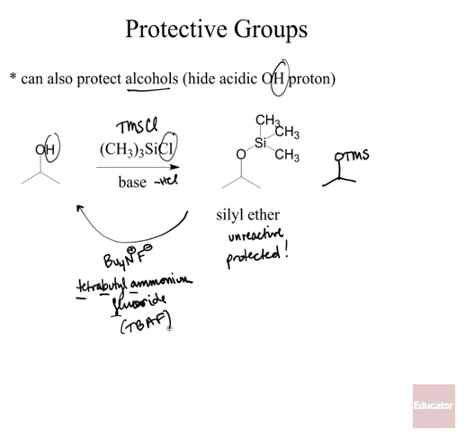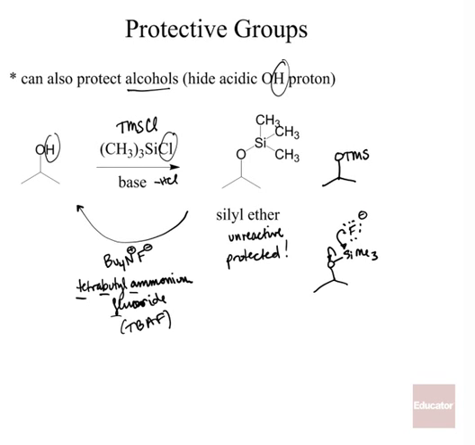So when we're done with our silicon group and we want to take it off, we add in some TBAF, and what happens there is fluoride is something that loves silicon, and it's going to attack the silicon and release the oxygen, something like this. F minus will come in and attack the silicon and cleave that ether and give us back our alcohol.